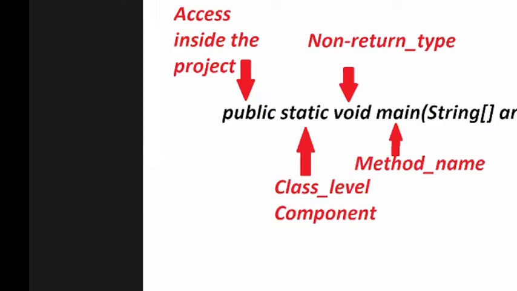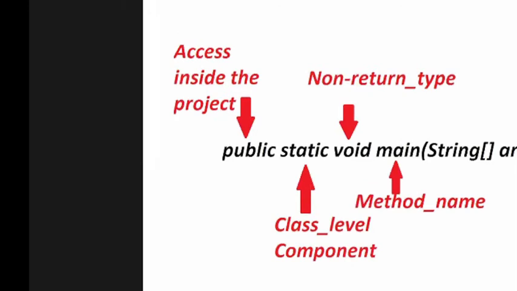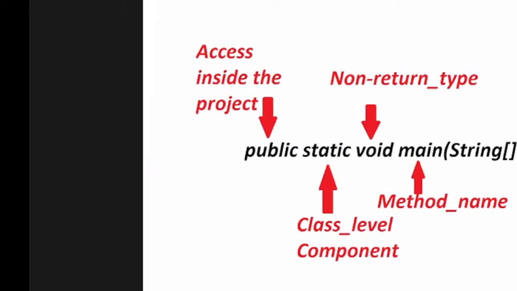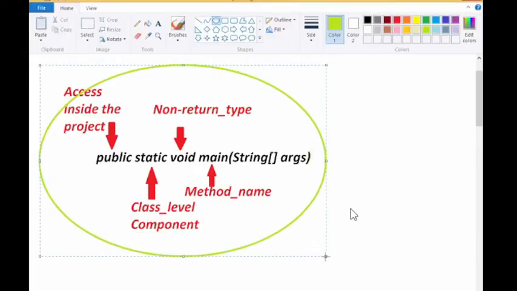Class is not yet completed and interface not entered. After interface, array will come. When the array comes, this symbol will come. This symbol is the array symbol. When the array chapter is completed, we'll decode this. Moreover, the string chapter is also not entered, so we are not discussing String args because the components have not been covered.